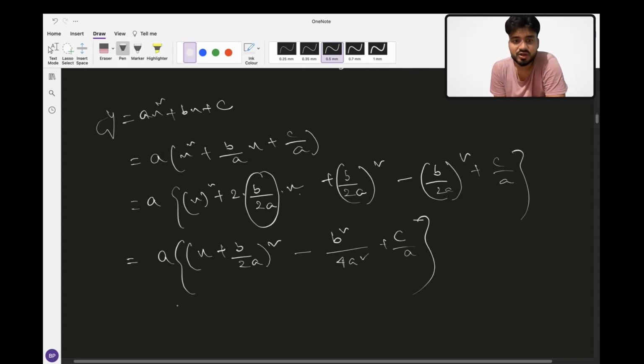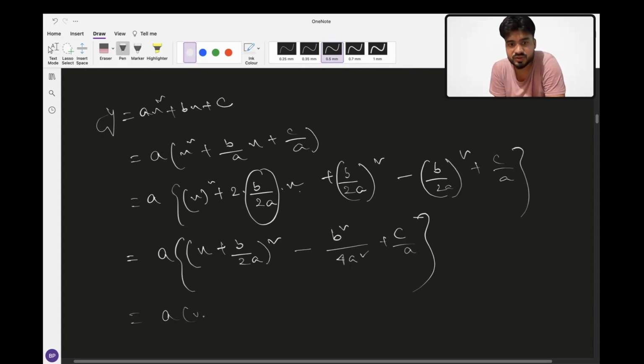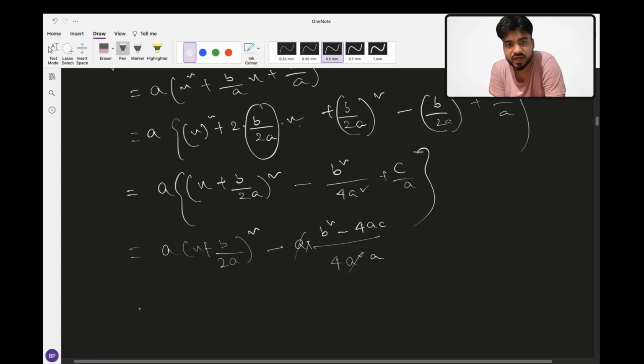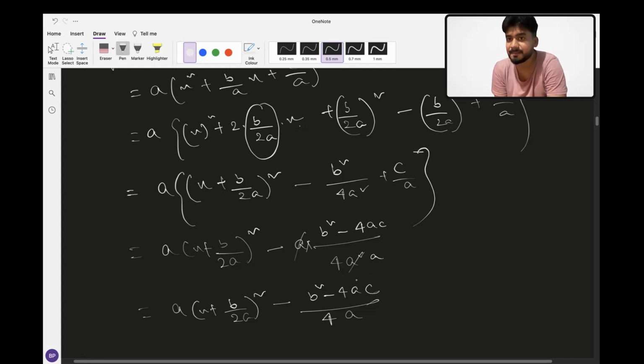So what will come? a into x plus b by 2a whole square minus, this will become 4a square, and b square minus 4ac, into a will come also, so one a will be cancelled out. What you will get? a into x plus b by 2a whole square minus b square minus 4ac by 4a. Yes or no?